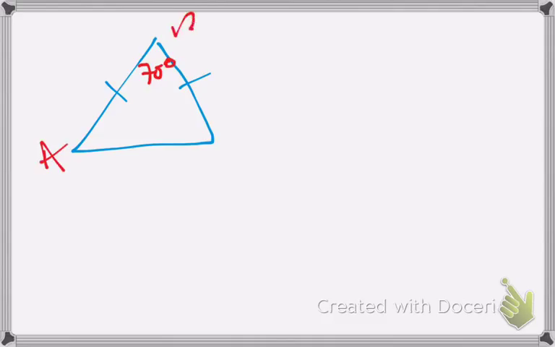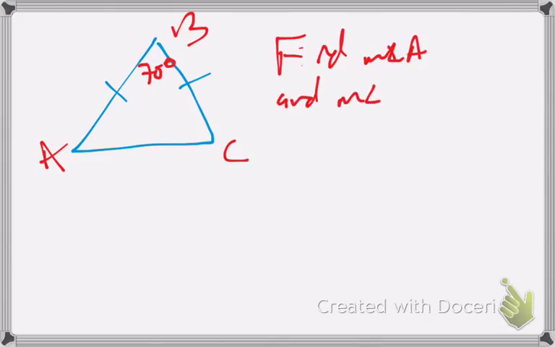And we'll call this ABC. Sorry, this is not going to be in your notes. I want to find the measure of angle A and the measure of angle C.